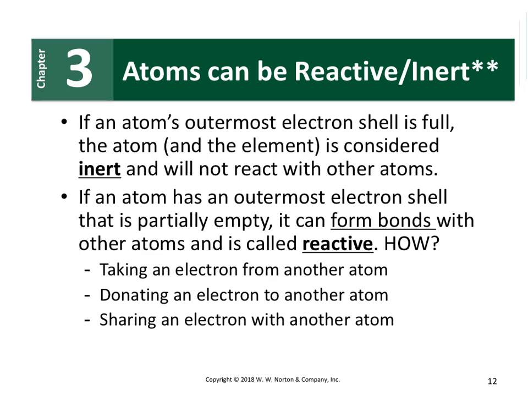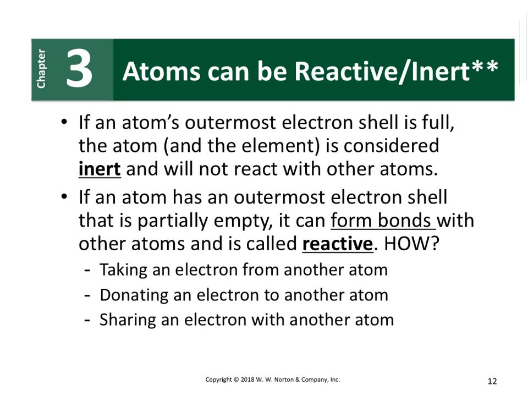And so if the outermost electron shell is partially empty, let's say the third electron shell should have 8 spots for electrons and there's only 7, it means that it's more likely to react.